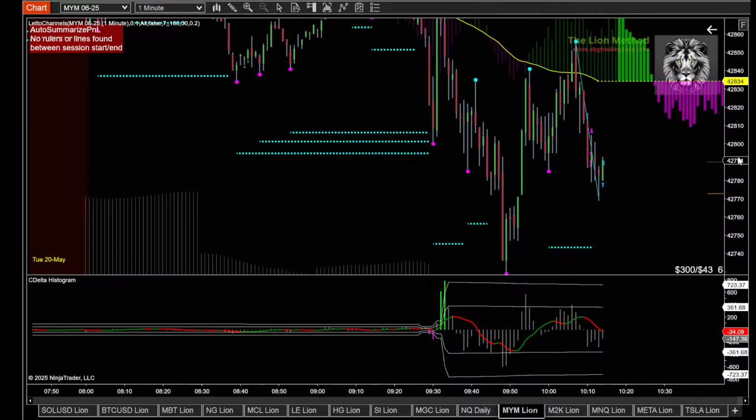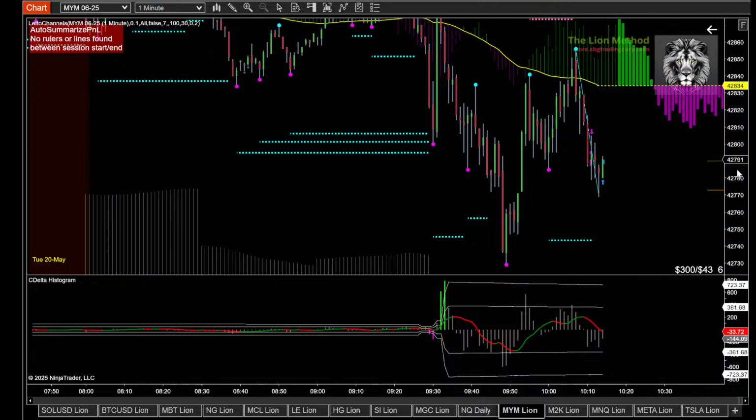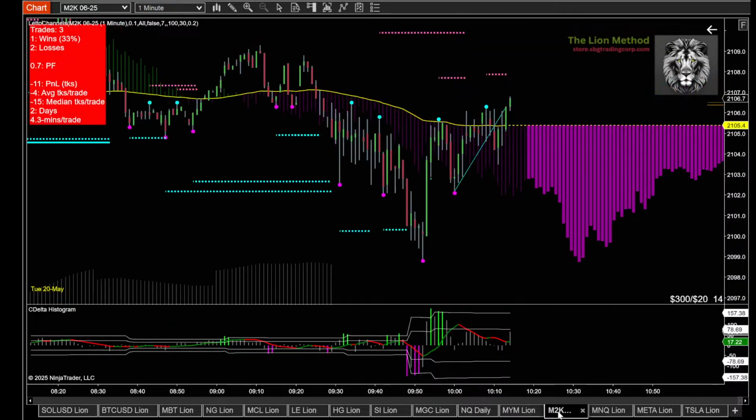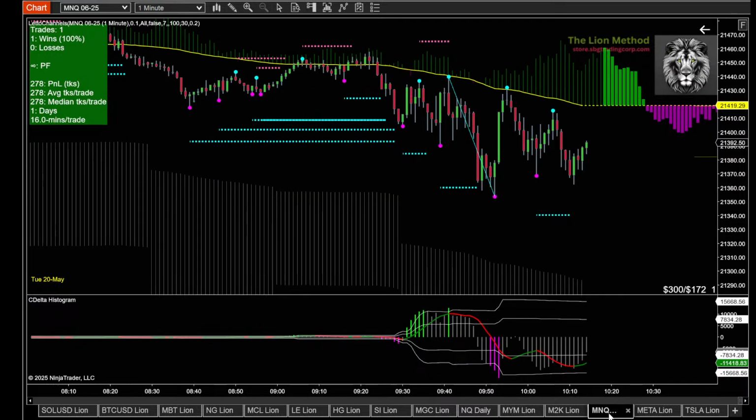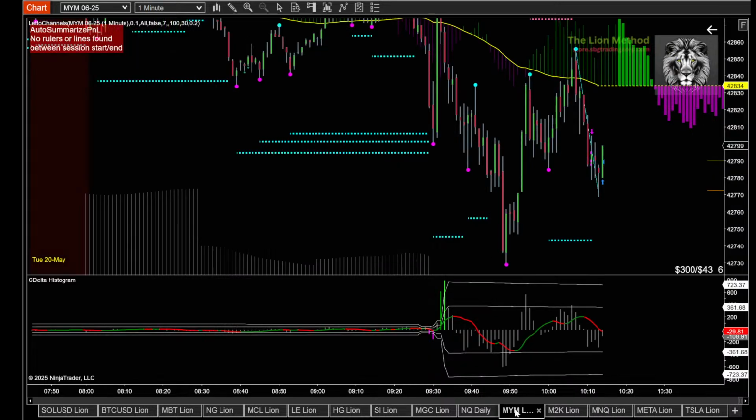That's okay. It's a weak, sort of a weak signal. Just didn't follow through. This is the Russell. Take a look at the micro NAS. Had sort of the same signal in the micro NAS, and it just did not pan out.